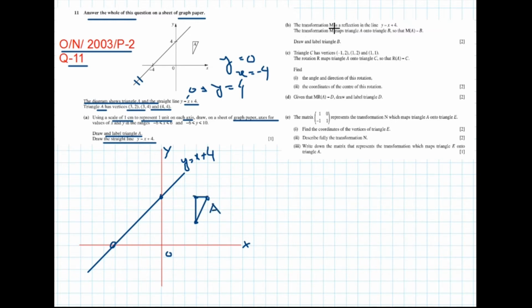Now part B: the transformation M is a reflection in the line y equals x plus 4.